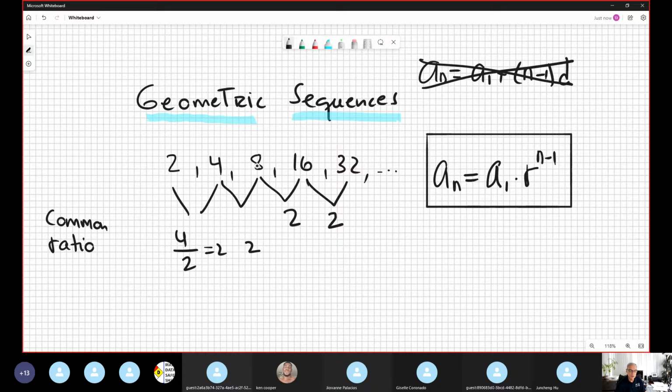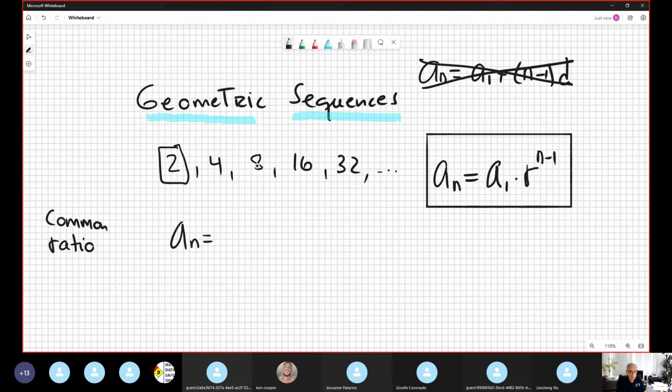Suppose I want to find the explicit formula to generate any element of this specific sequence. A sub n is equal to A1, the first element, which is 2, multiplied by the common ratio, which was also 2, raised to the n minus 1.